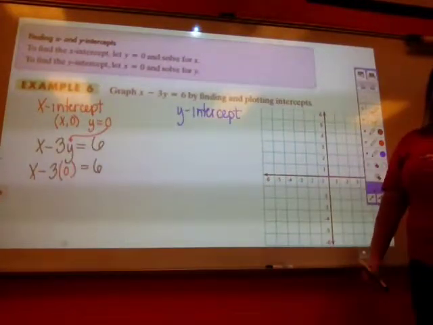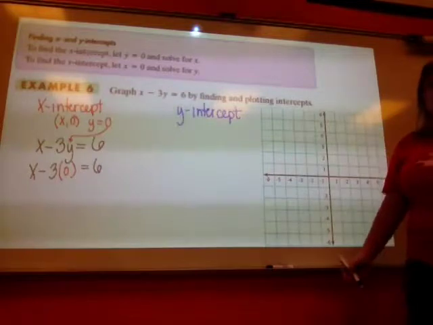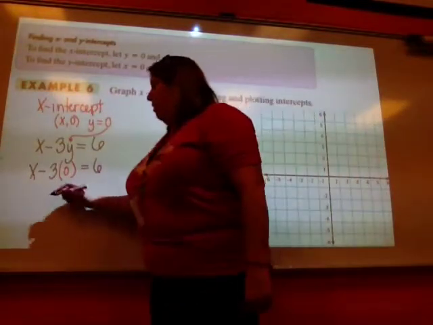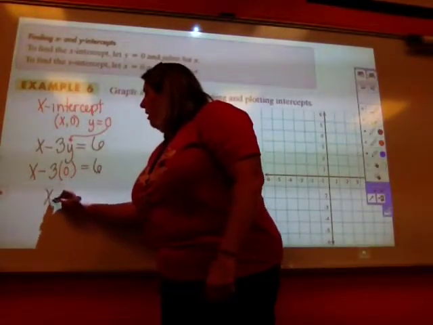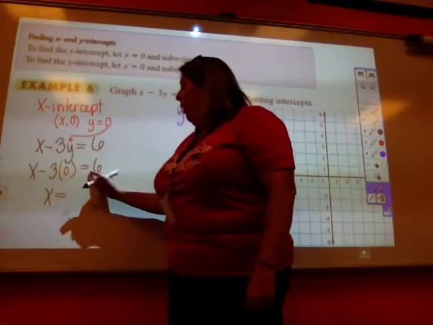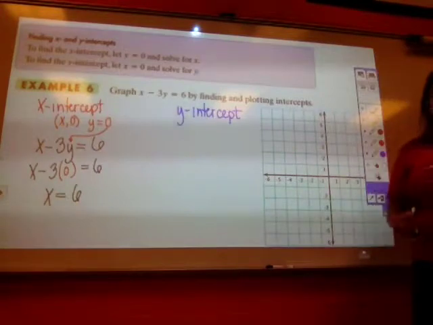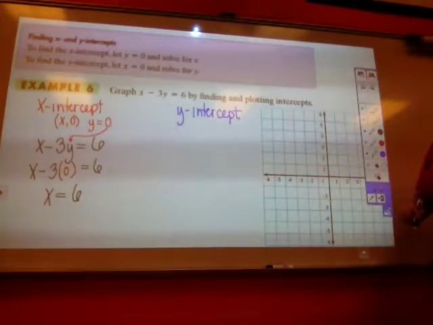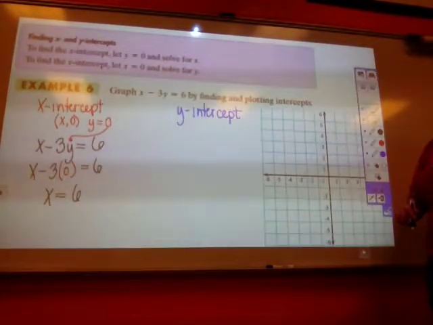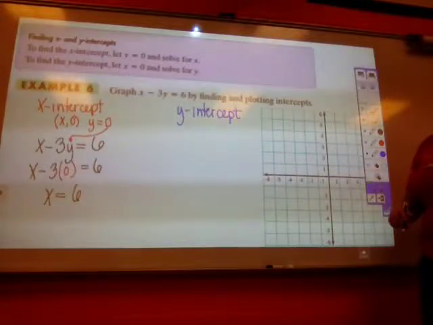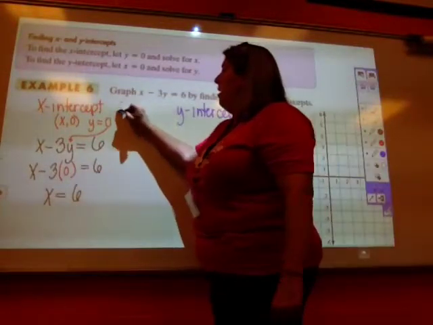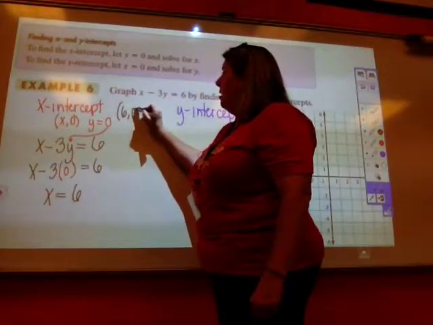Negative 3 times 0 is 0. So then x is left equaling 6. So what is our x-intercept? 6, 0. Our x-intercept is 6, comma 0.